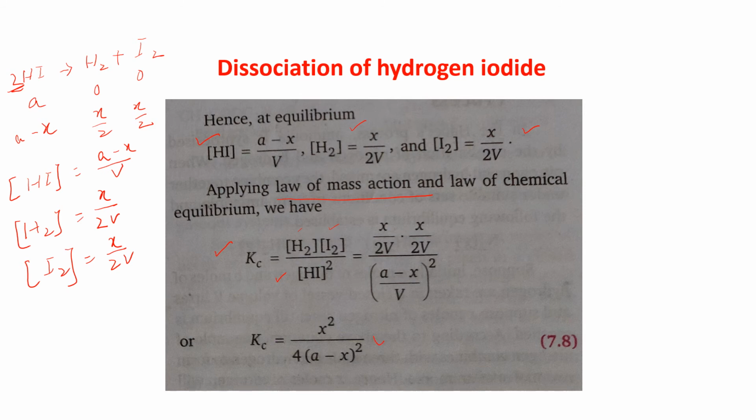Calculate it. You will get X square divided by 4 into A minus X whole square. I am just showing it here. X square by 4V square into reverse, that is V square by A minus X whole square. V square gets cancelled. So we are getting X square divided by 4 into A minus X whole square.